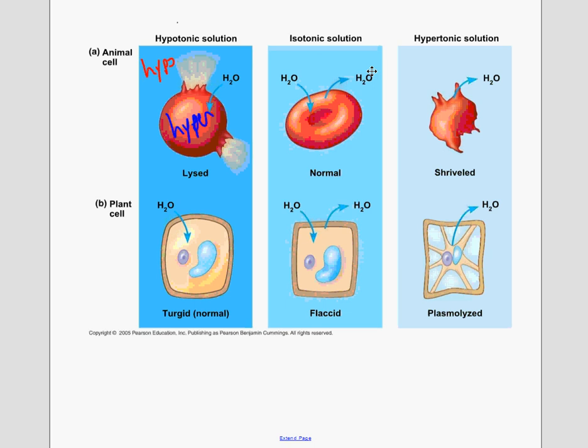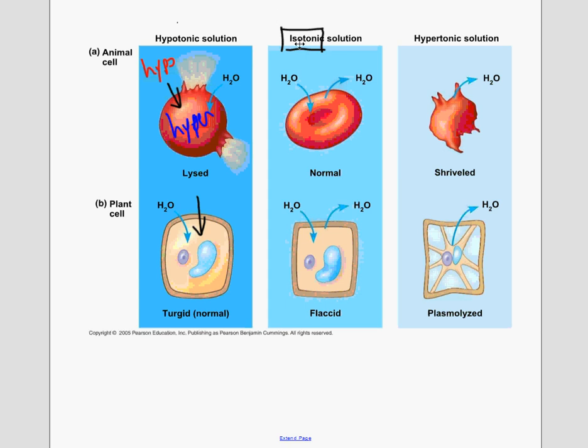And so water again moves from hypo to hyper, causing that animal cell to break. The plant cell, on the other hand, water's moving in, but it's not going to break because that plant cell has a cell wall. And so plants that have this sort of condition are said to be turgid, which is a normal condition for plants. In an isotonic solution, what do you think isotonic means?